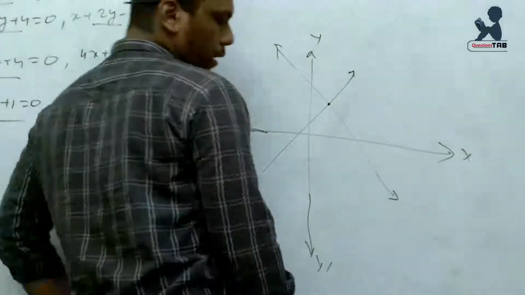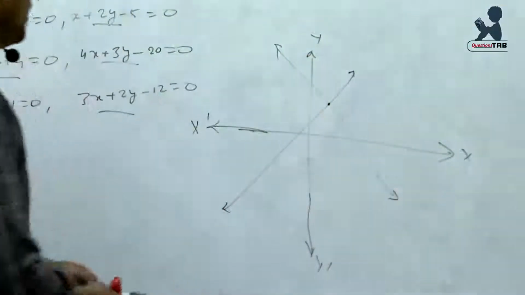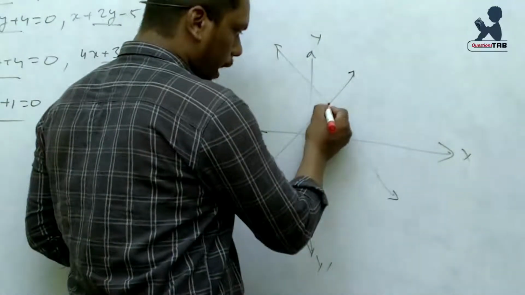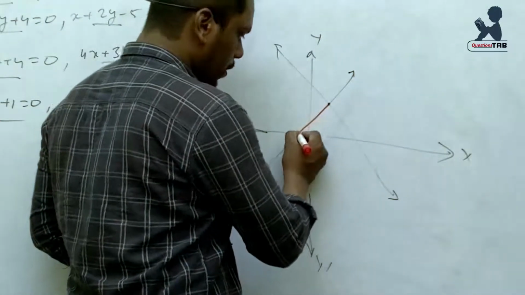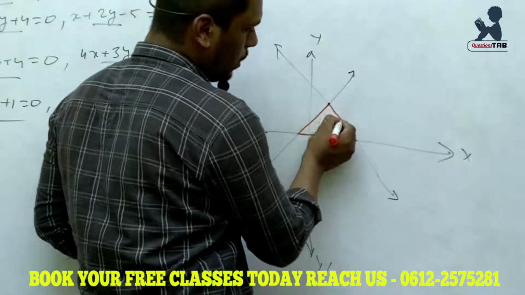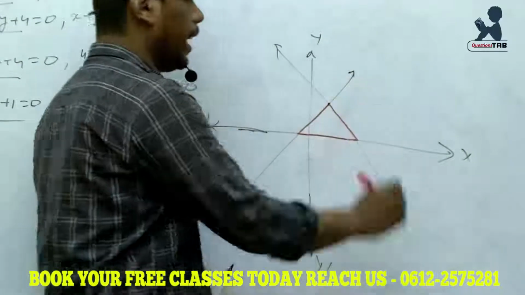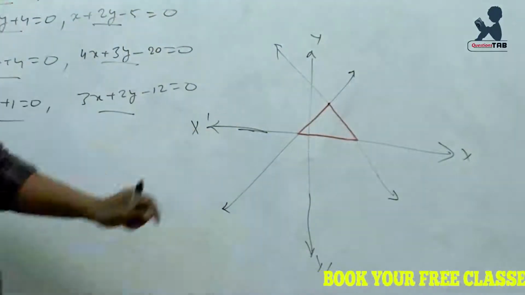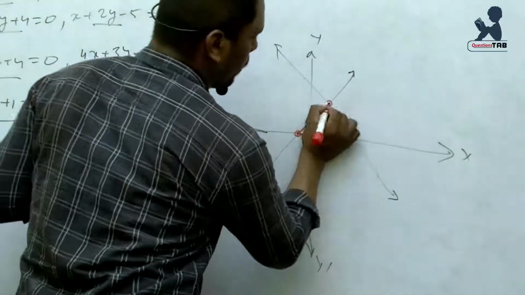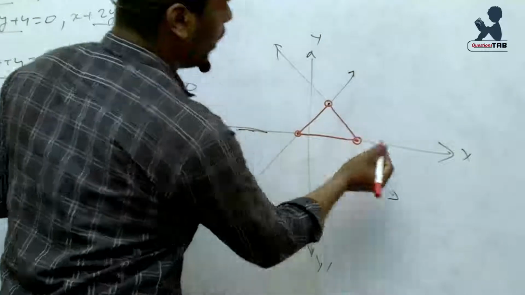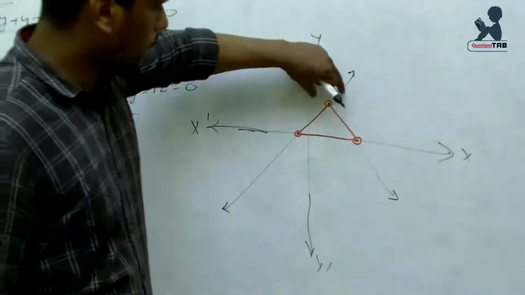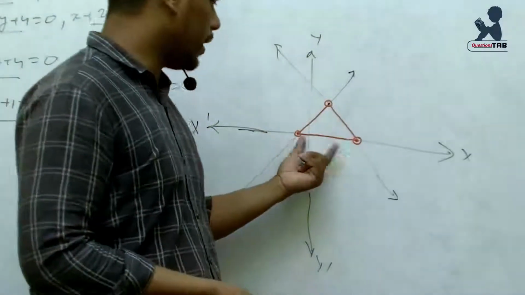So when we take the x-axis and draw the lines like that, we find a triangle, and here we get the vertices of these two lines and the x-axis.